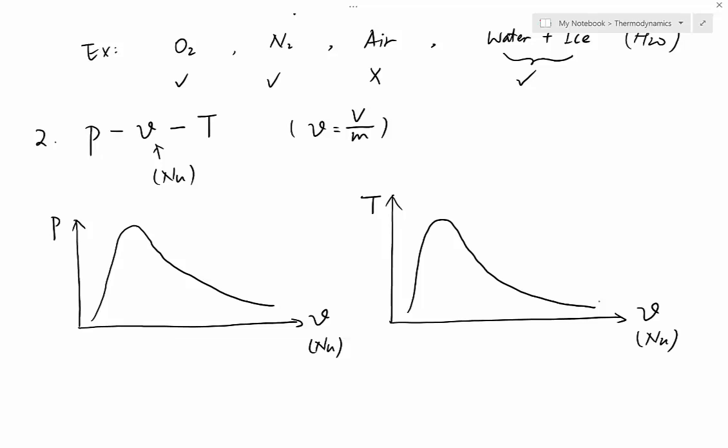How do we use those two diagrams? Those two diagrams are actually very, very useful. So for example, if you're an engineer, you usually deal with pipes. And what's inside those pipes? We don't know. It can be, for example, steam, which is gas. It can be liquid water. It can be a mixture of liquid water and vapor. And is there any way for us to know exactly the phase inside the pipe?